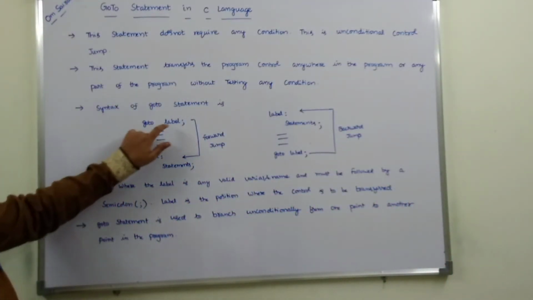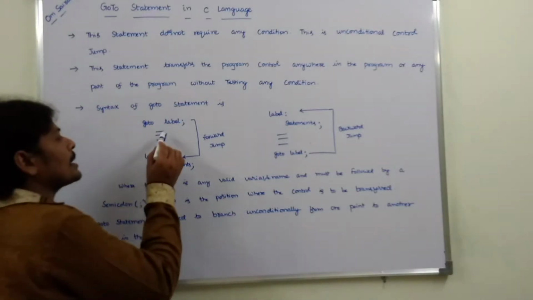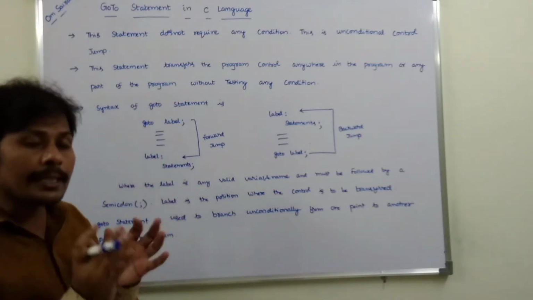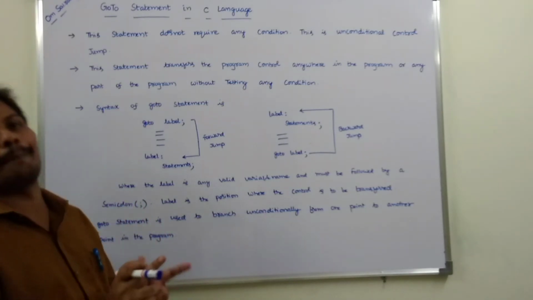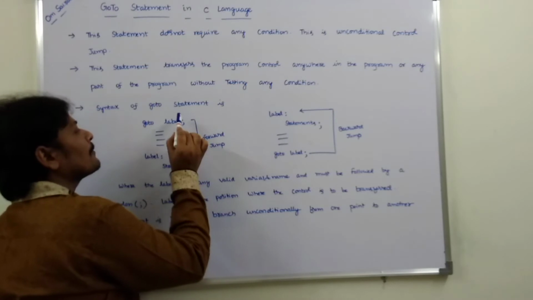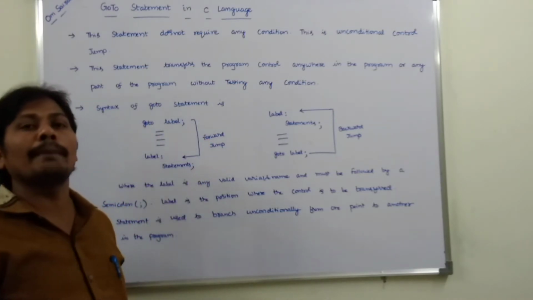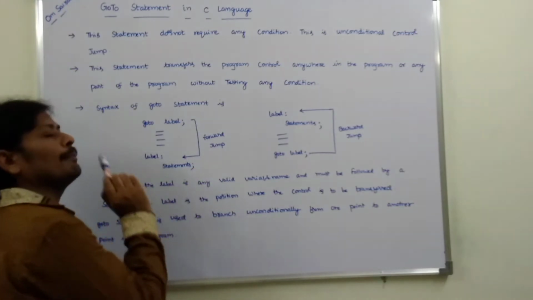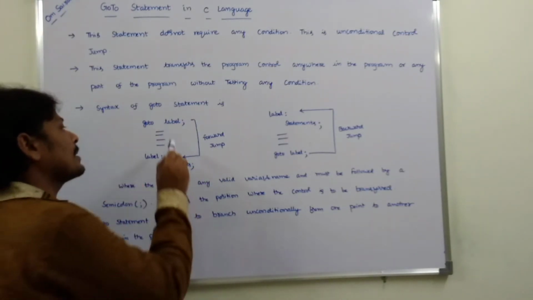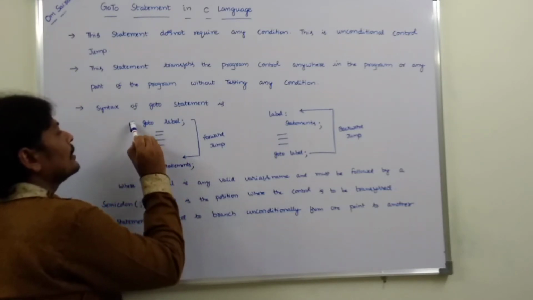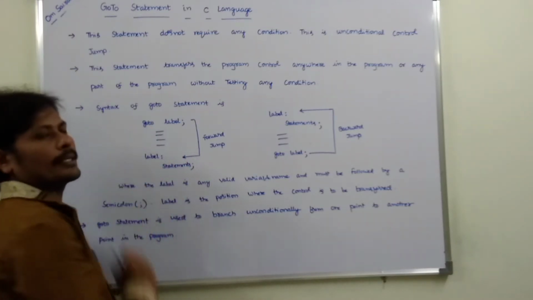With goto label, whatever statements come after the goto label are skipped. The program control is immediately transferred from the goto label statement directly to the label statement, skipping the statements between this statement and this statement.